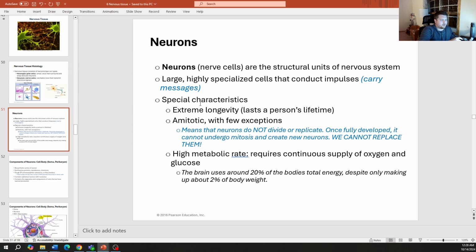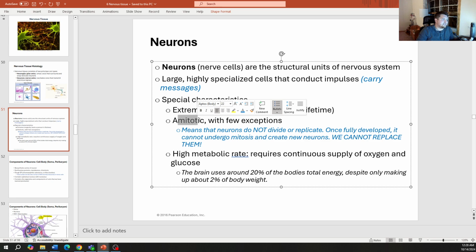Other issues, depending on how we treat ourselves, based on injury and how healthy we are, the things that go on throughout day to day, determine exactly how healthy and how many of them exactly last. But they are meant to last a person's lifetime. They are also amitotic, which means that they do not divide and they do not replicate.